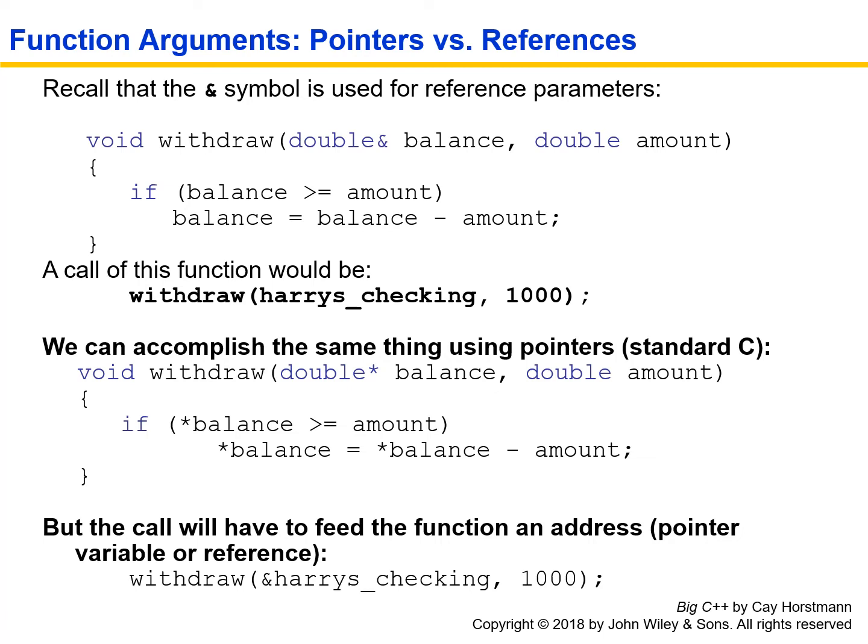passes balance as a pointer. And then we can dereference balance and say *balance = *balance - amount. But when you call the function, you actually have to pass the reference to the variable, not the variable itself. So you could say withdraw(&harrysChecking, 1000).